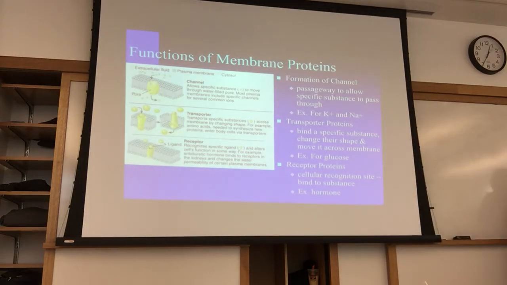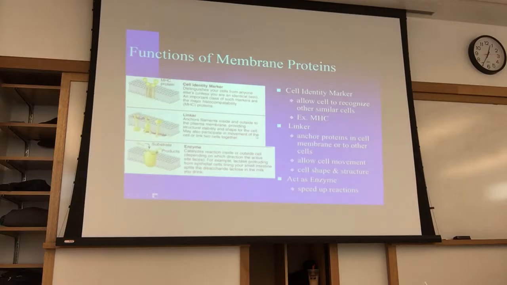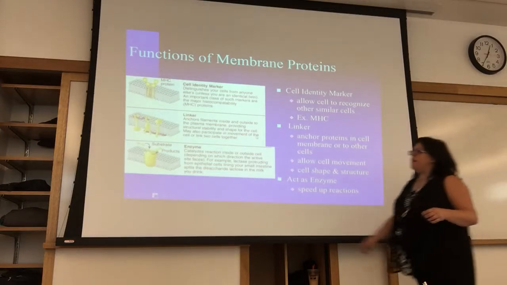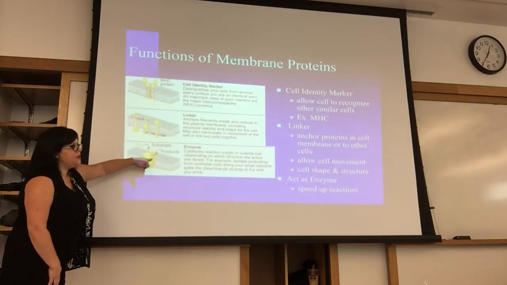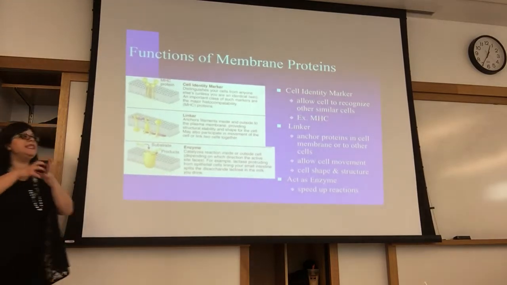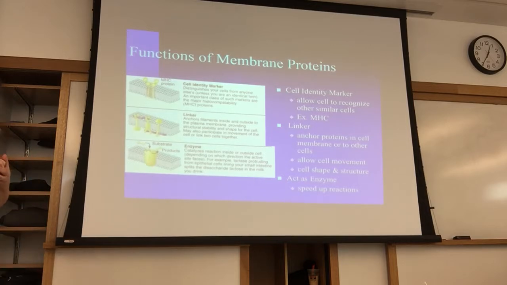How do enzymes also bind certain proteins? So you can have a protein that's embedded within the phospholipid bilayer, like they're showing you here. And that protein in itself is an enzyme.